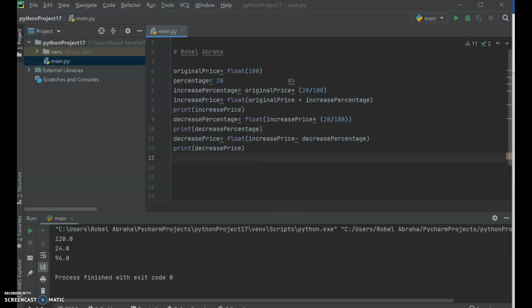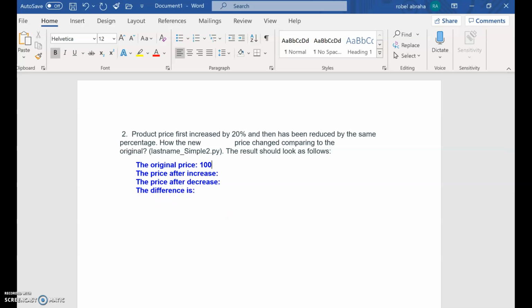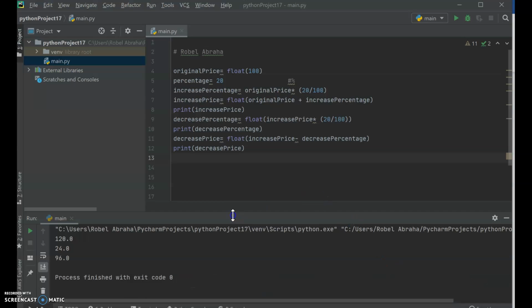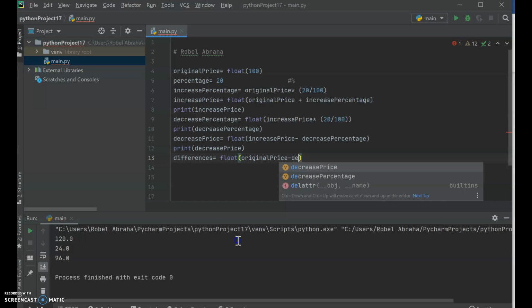So the final one is the difference. I think our equation is the difference between the original price and the price after the increase and decrease. So the difference is equal to float of original price minus decrease price.